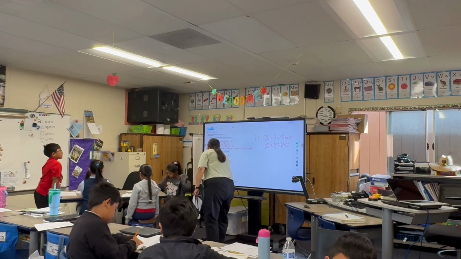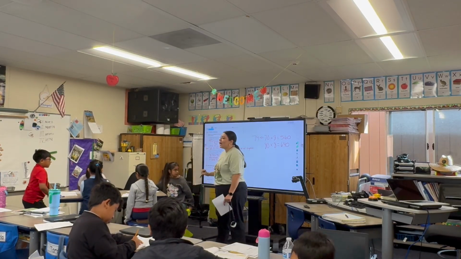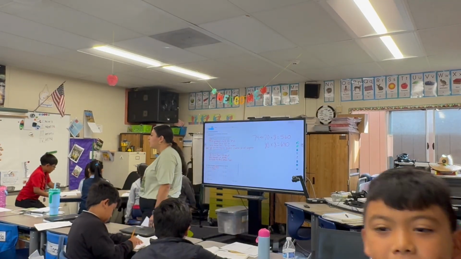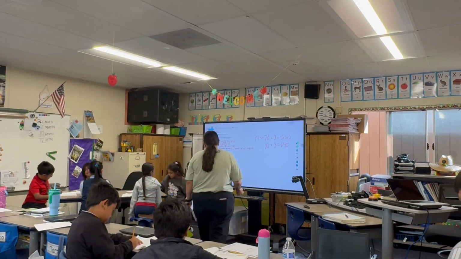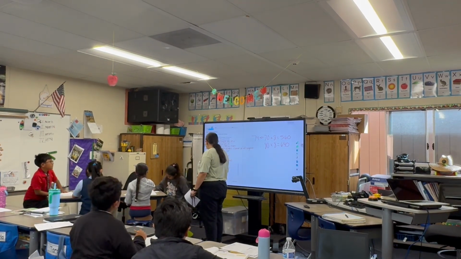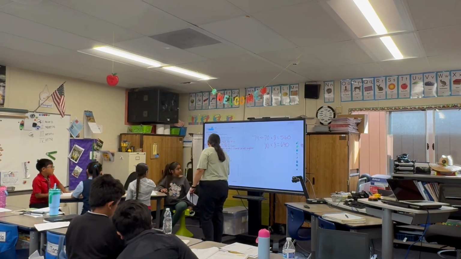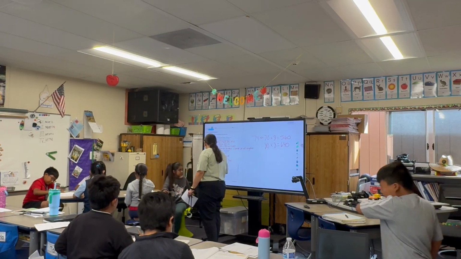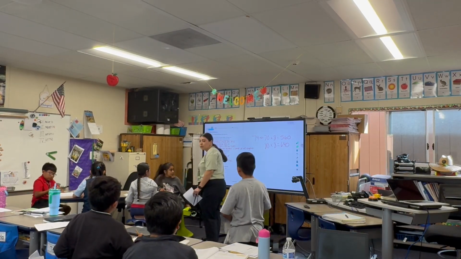Down. So we would do 3 times 50 equals what? 150. Could you also do both? You could. You could do it where you do 3 times 50. Just do it like that.